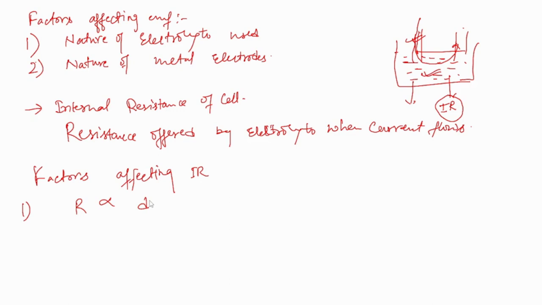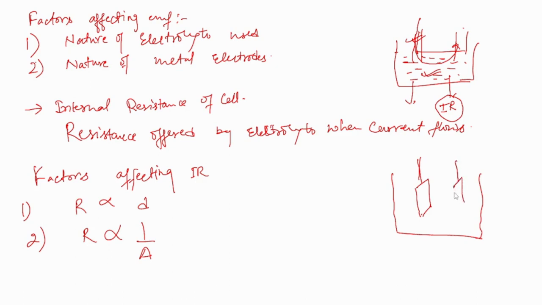The second factor is that your internal resistance is inversely proportional to the area of the plates. See, these plates are connected somewhat like this, facing plates. This distance is your D and this is your area. The positive terminal, this is the negative.